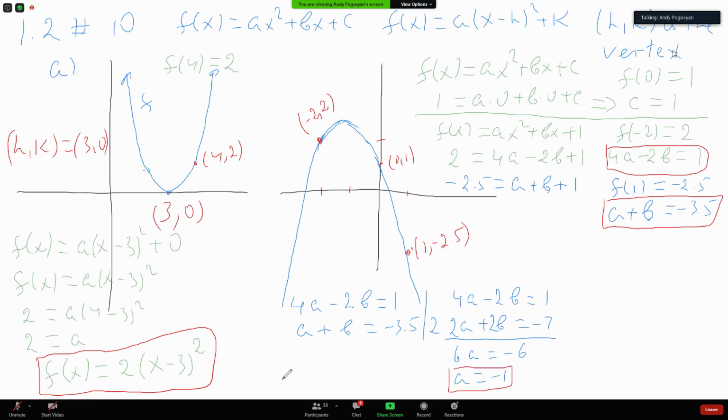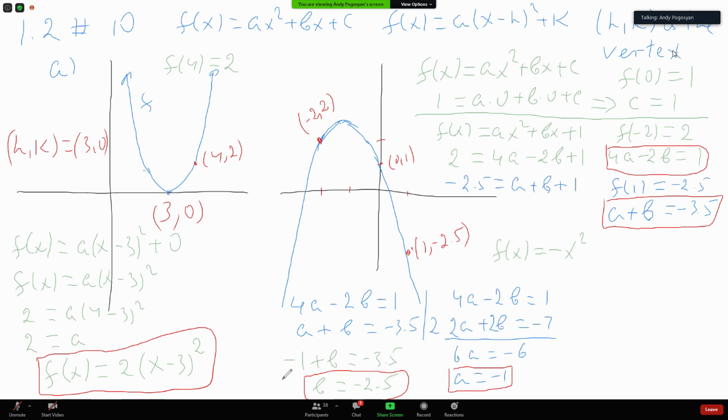So a plus b is negative 3.5. So b is negative 2.5. So f of x equals a is negative 1, negative x squared.